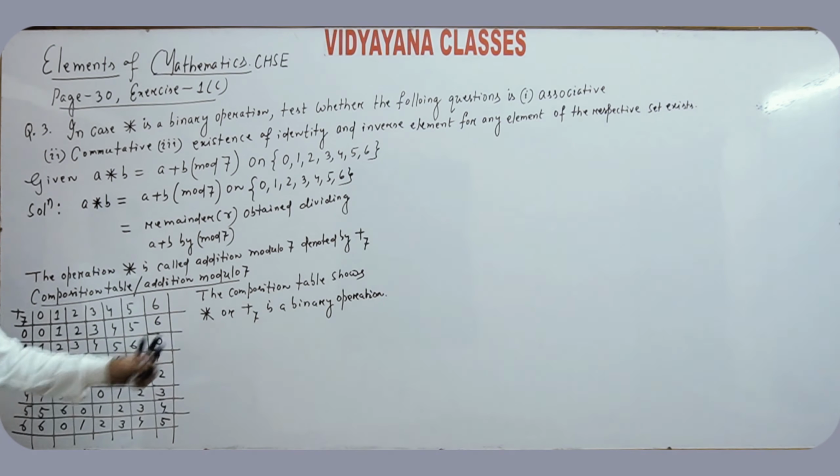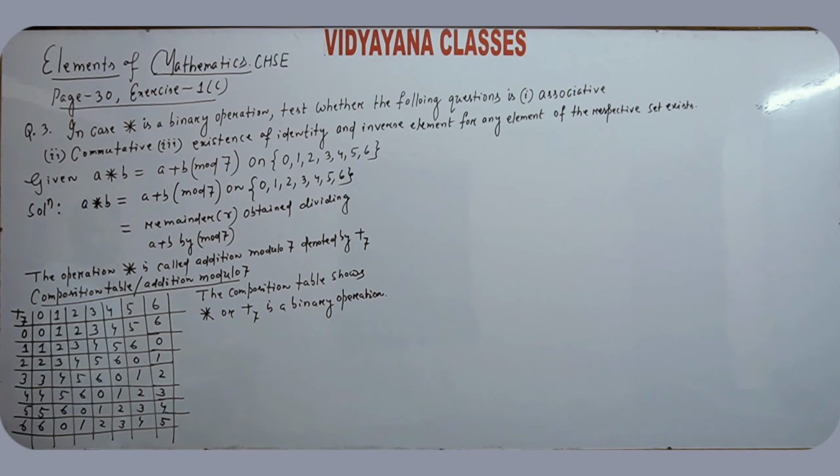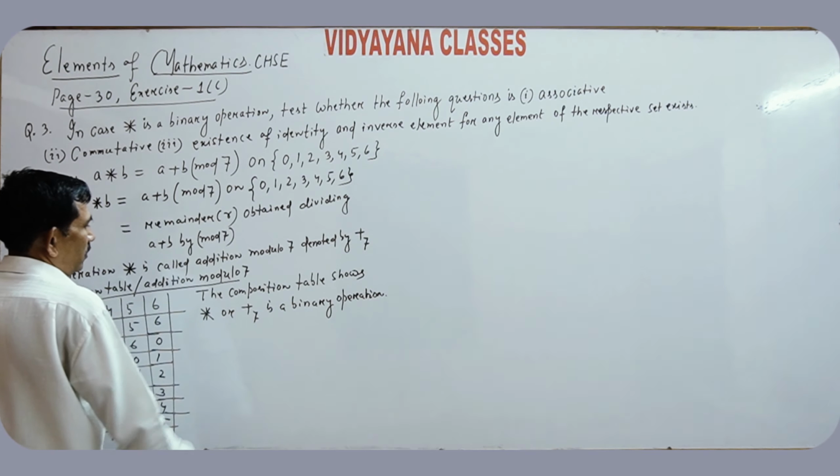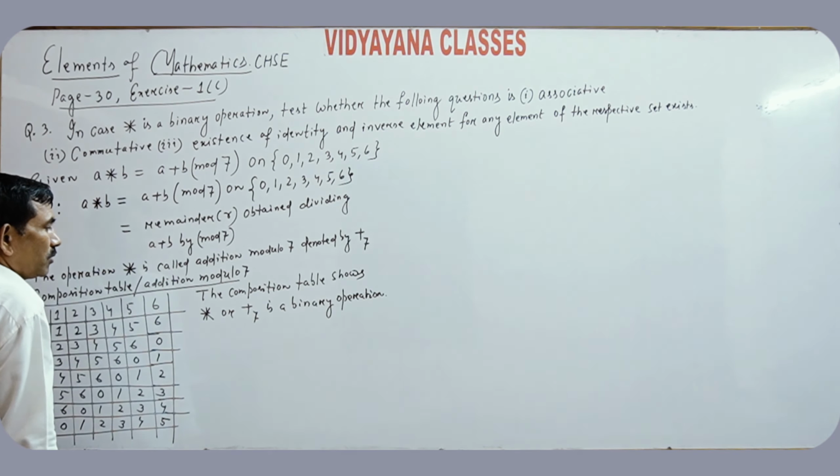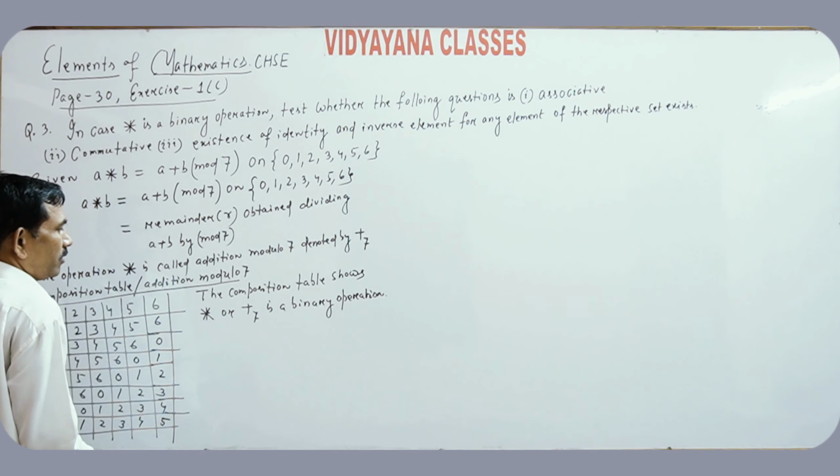This composition table shows star or addition modulo 7 is a binary operation.